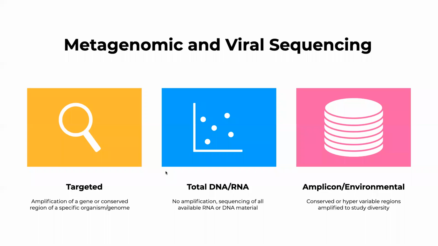For example, we can do no amplification and just do total DNA or RNA. A good example that we started talking about last time is a project that is available for everyone called Spodoptera frugiperda, which is a cell line that uses a plant cell line to produce different biologics, so vaccines and proteins that we use.